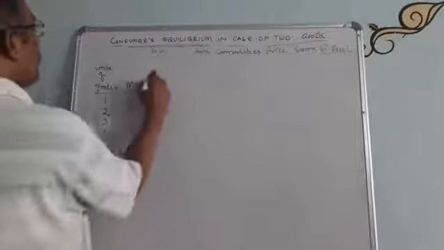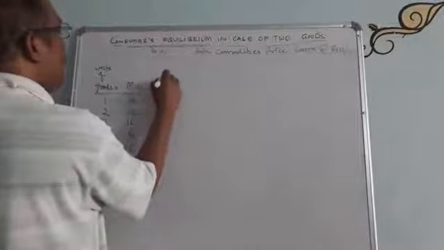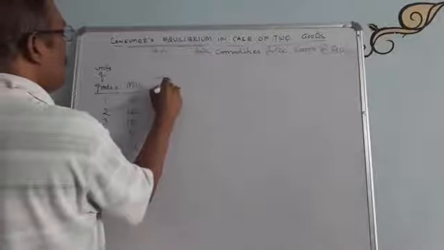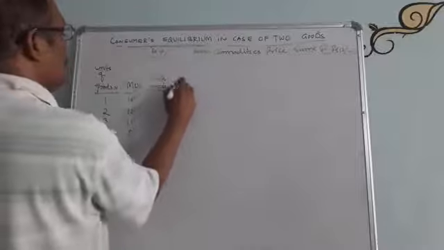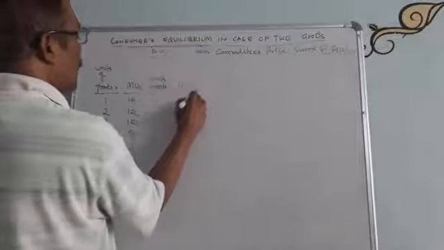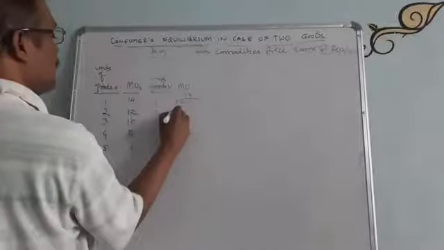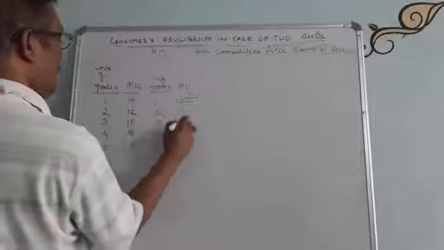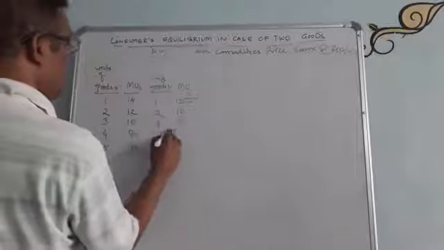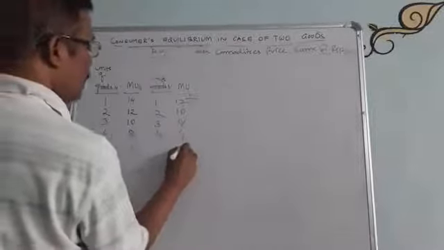Similarly, units of good Y and marginal utility of Y. First case 12, second case 10, third case 8, fourth case 6, and fifth case 4.